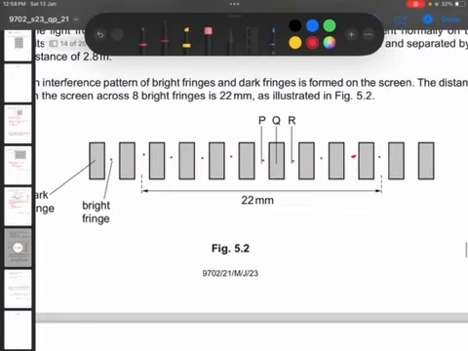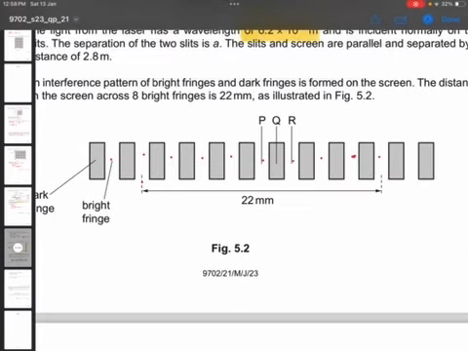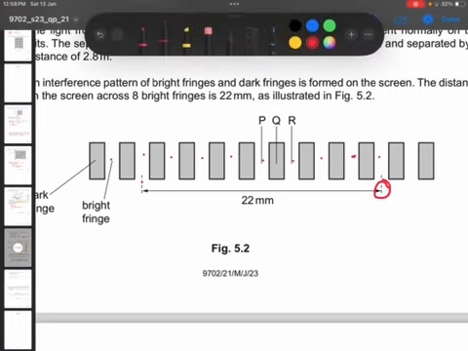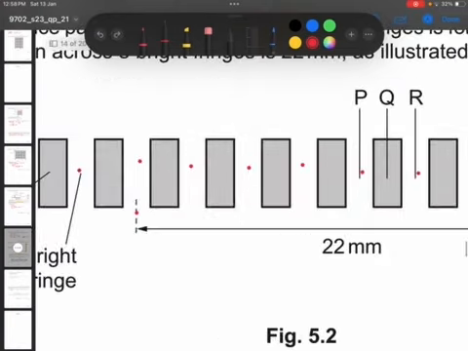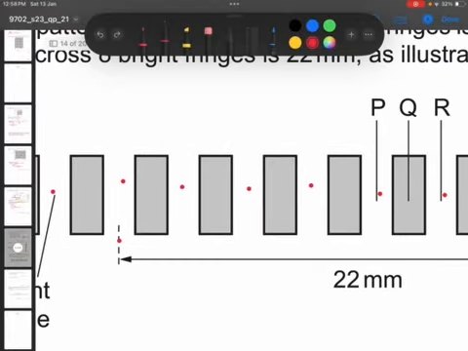So the distance from here to here, 8 bright fringes, is 22 millimeters. Now, to stay here a little bit, the distance x in that equation that I wrote earlier is actually the distance from the center of a bright fringe to the center of the next bright fringe. That's the distance x.